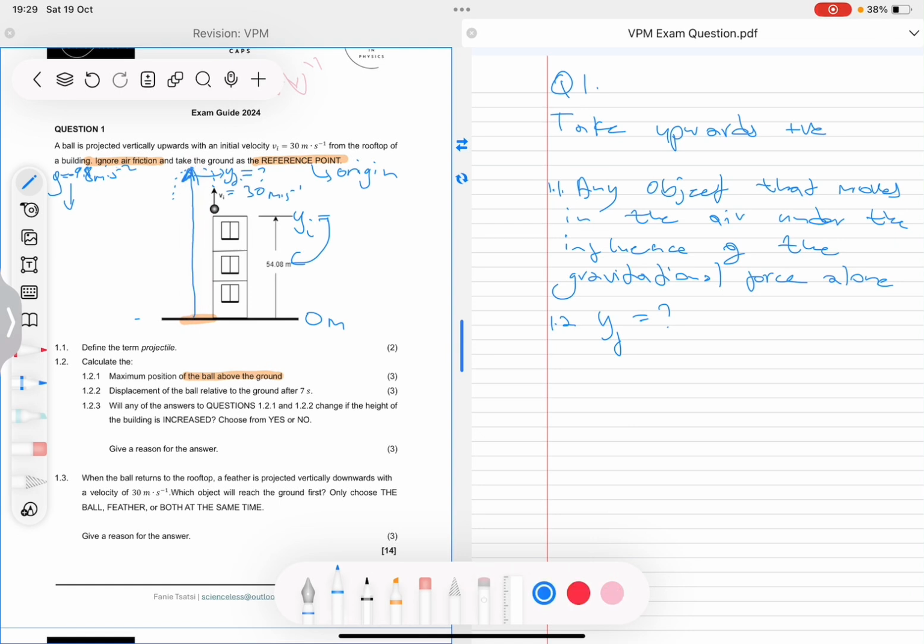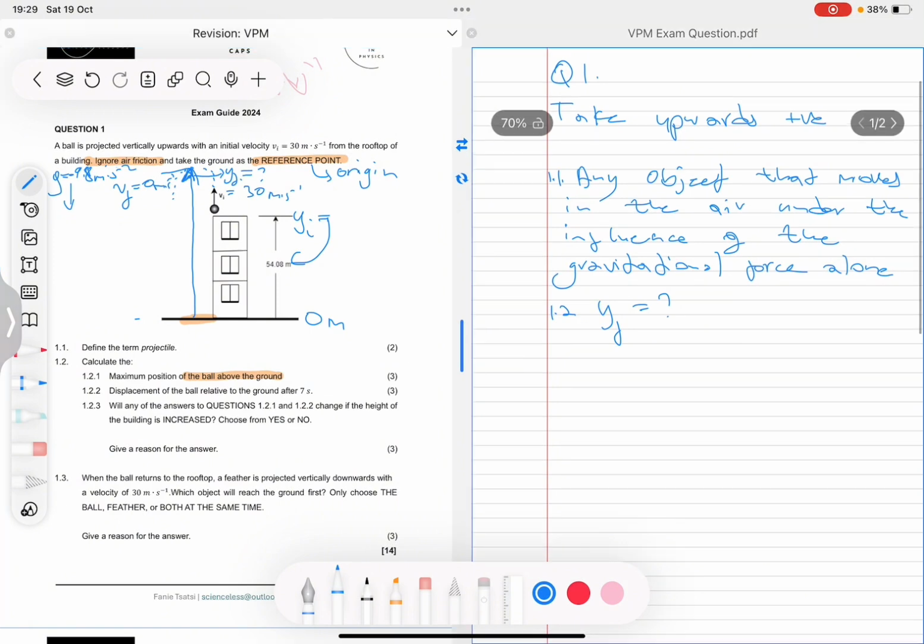We also know that at the maximum position here, our final velocity will be 0 meters per second, because the ball will stop for an instant before it returns to the ground, before it goes down. So one of the equations that come to mind quickly says the final velocity squared equals the initial velocity squared plus twice the acceleration due to gravity times the displacement.